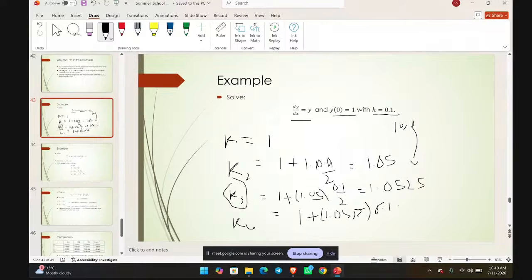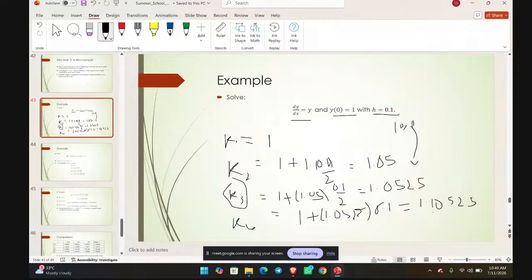Here, as we can see, we are using the entire step size. Earlier we used h by 2, but here we are taking a full step size. So it turns out to be 1.10525. So these are the 4 slope estimates.